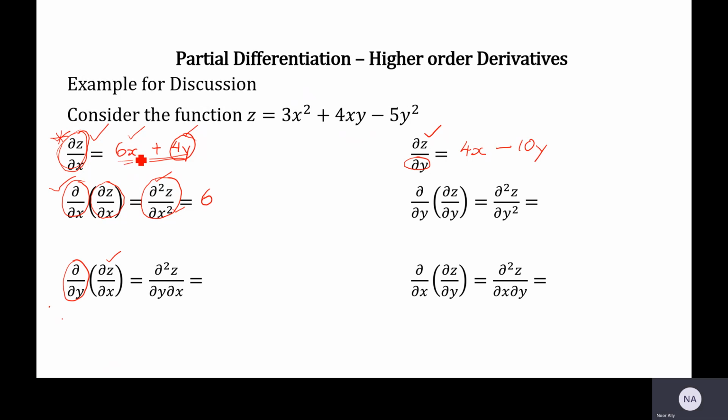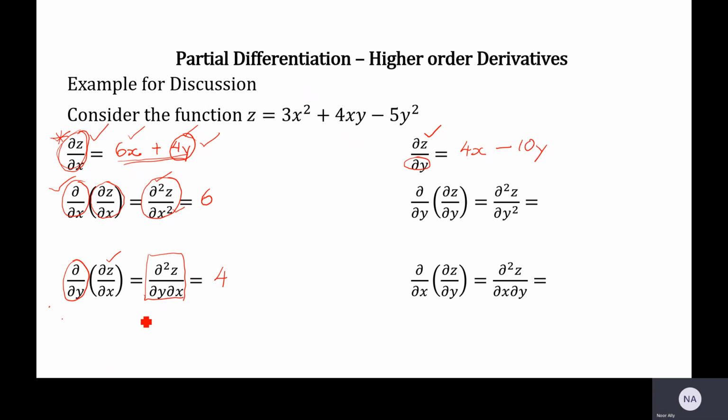And the derivative of 6x, because there's no y, is a constant. Therefore, that will give me 0. So now I must look at 4y. The derivative of 4y with respect to y is equal to 4. And that is indicated. Look at the notation. Partial d2z, partial dy dx.